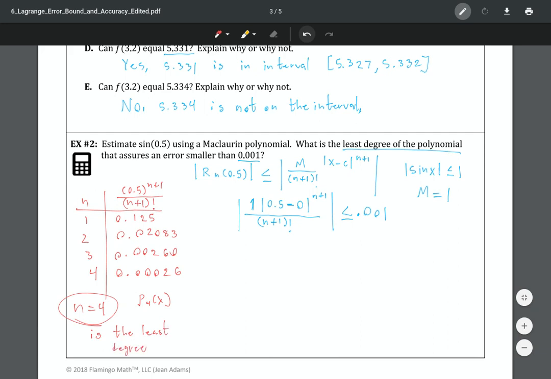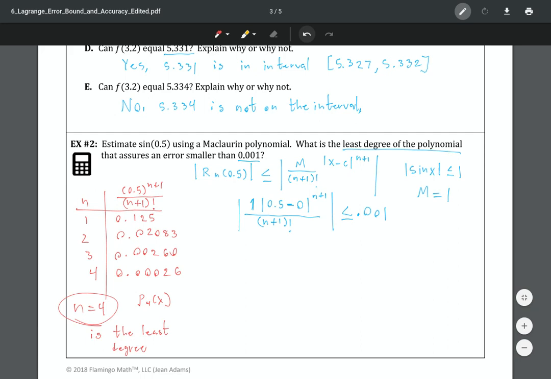So what that means is, I guess you have to plug in, let's see. I cannot remember the sine function here. I think it's 2n plus 1. So that's going to be 5. Okay, so it has to be at least degree 4. That's what I'm trying to figure out, exactly what they're trying to say.